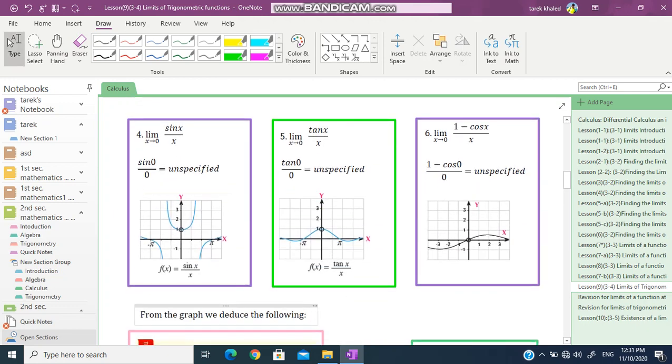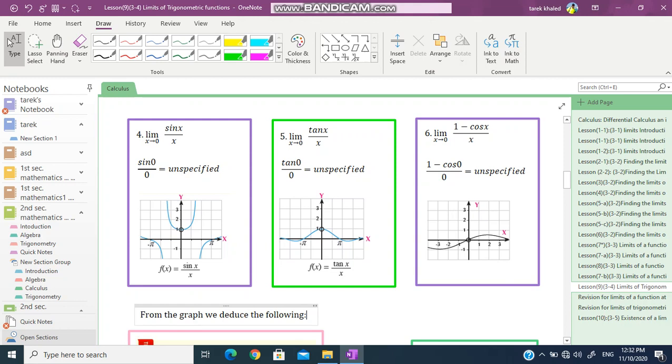Look at number 4, number 5 and number 6. The first one: the limit as x approaches 0 of sine x over x. By substitution at x equals 0, sine 0 over 0 is 0 over 0, an unsatisfied quantity.